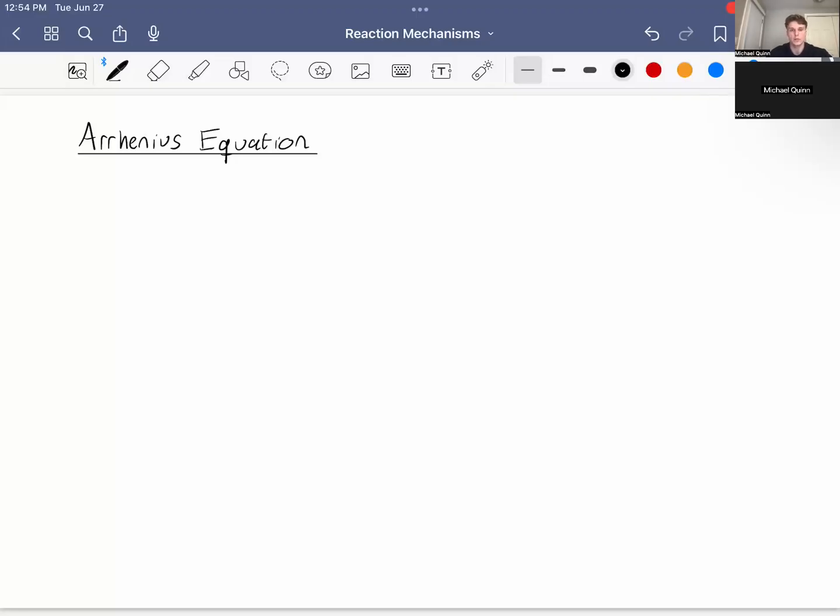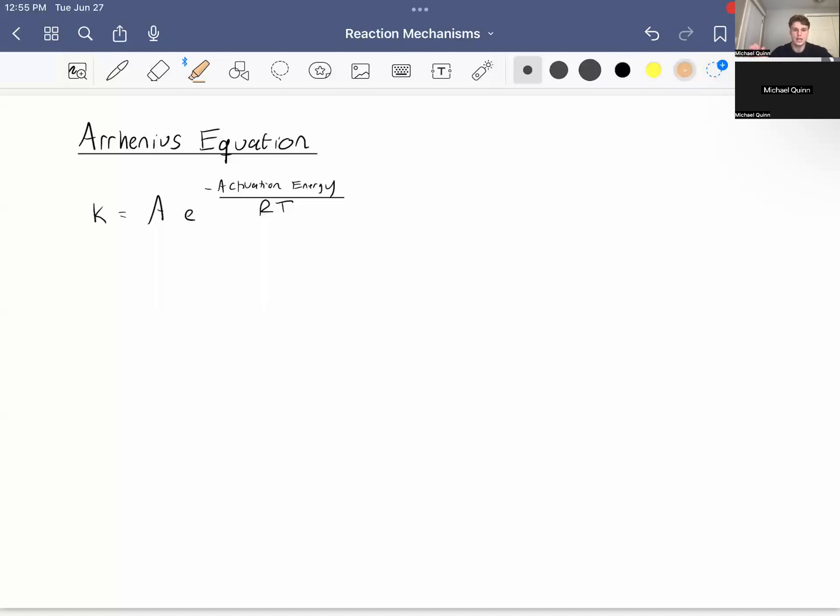Continuing on with our discussion of reaction mechanisms, one important equation we need to know that relates temperature and activation energy to our rate of reaction is the Arrhenius equation. This is k equals A e raised to the negative activation energy divided by RT.